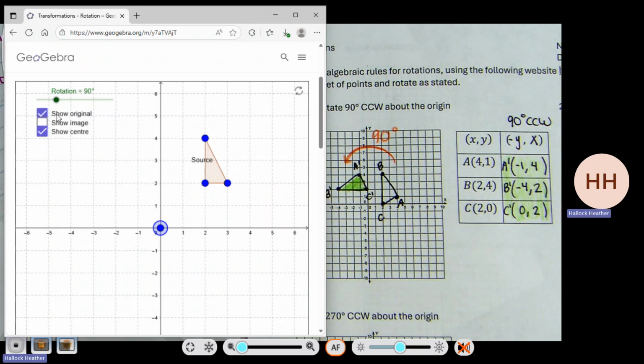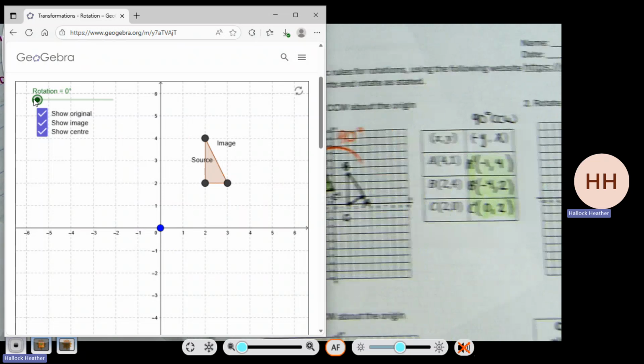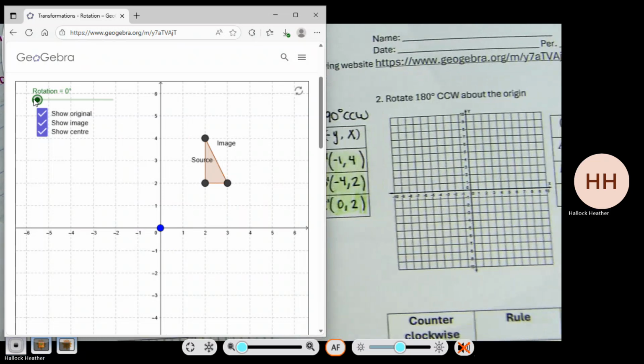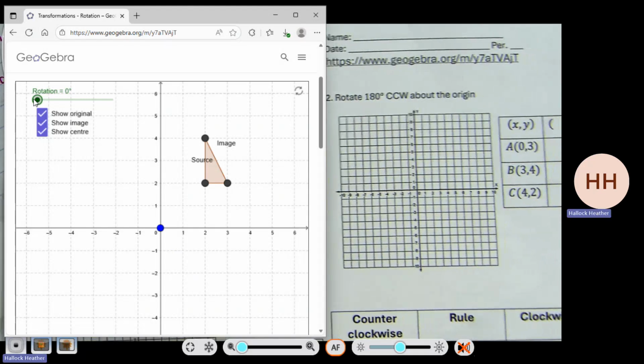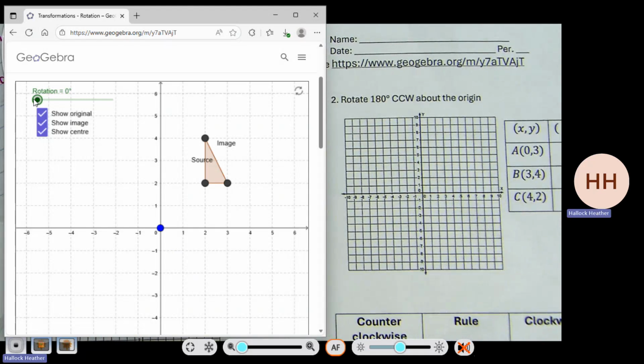Make sure you click this little extra box so you can see the new one and the old one, and put your rotation back at 0. So that way you can start from scratch. We're going to change our points to match the points on problem number 2. So problem number 2, we have these coordinates. We're going to plot them on our graph, on our paper, and we're also going to put it online.